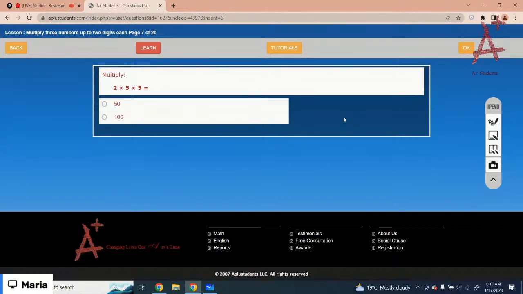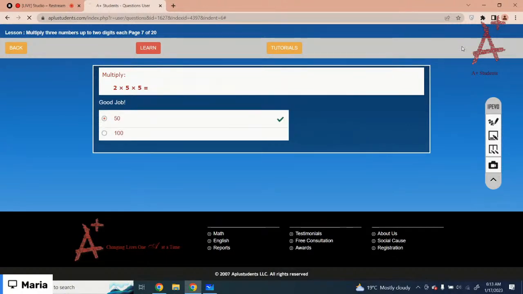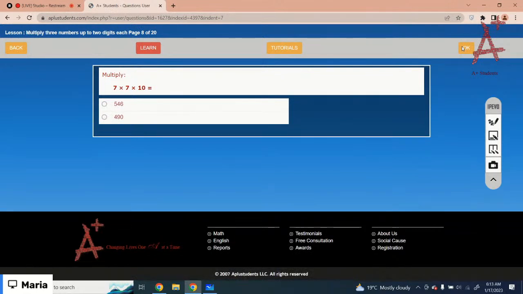So the correct option is 50. Just select the correct option and click on the OK button. Okay, 7 times 7 is 49 and 49 times 10 is, yes, that would be 490. So just select the correct option and click on the OK button.